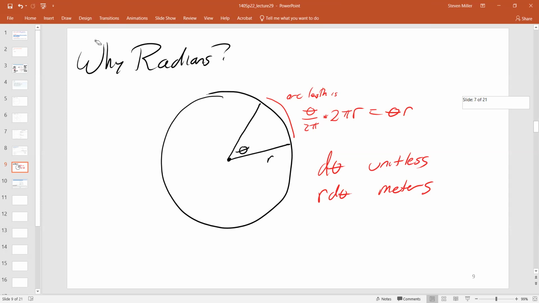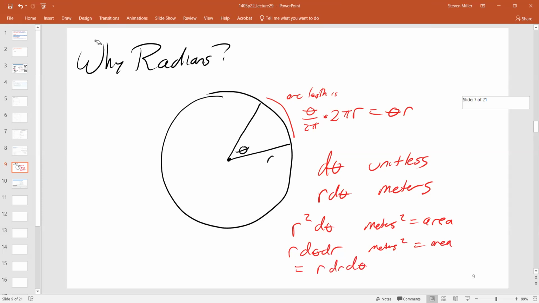So how do I multiply by meters? What do I multiply it by? One possibility is r squared d theta, which is in meters squared, which is an area. I could also do r d theta dr, which would also be meters squared. And we often write this as r dr d theta.